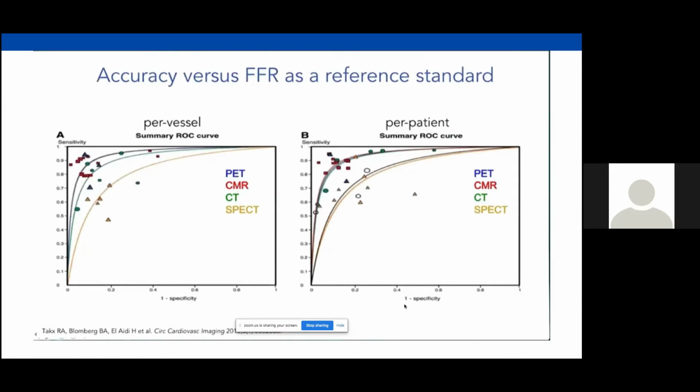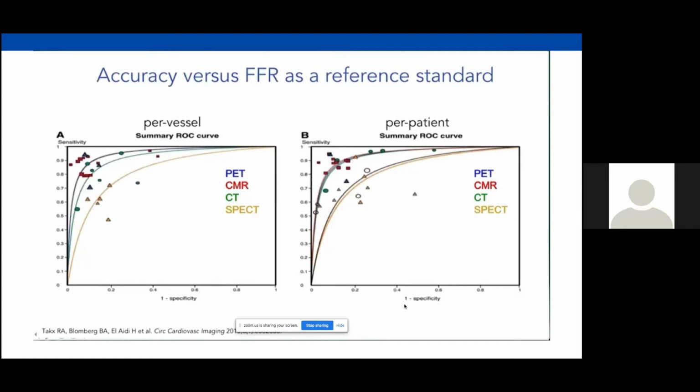In this particular study, they used invasive FFR, which we know is the diagnostic reference standard, or the standard of care, when we want to diagnose a hemodynamically relevant coronary stenosis.